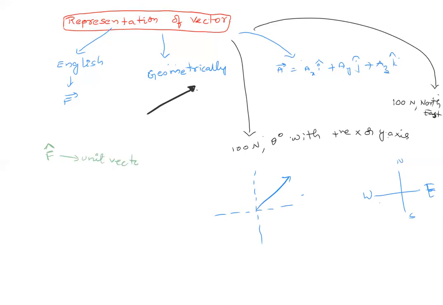Unit vector means magnitude is 1. We'll see about unit vectors in detail later, but remember for now, if I'm writing cap, it is a unit vector, definitely its magnitude is 1. I hope you have followed. Now we'll continue further.